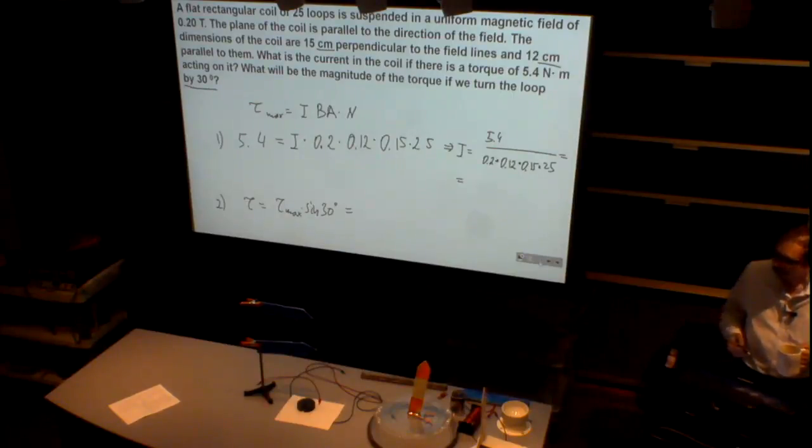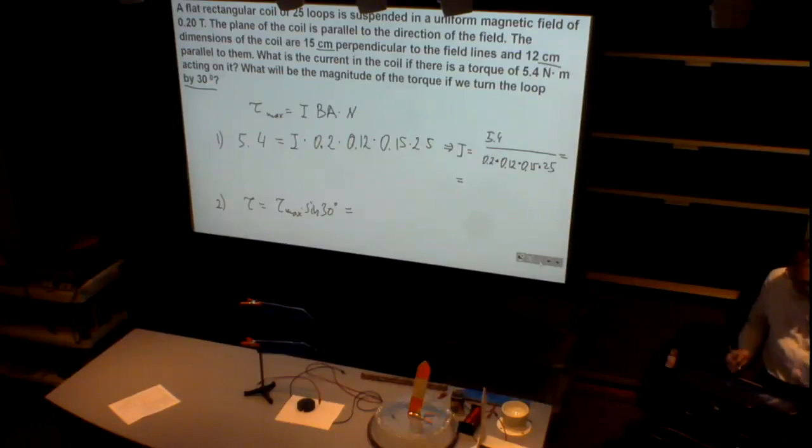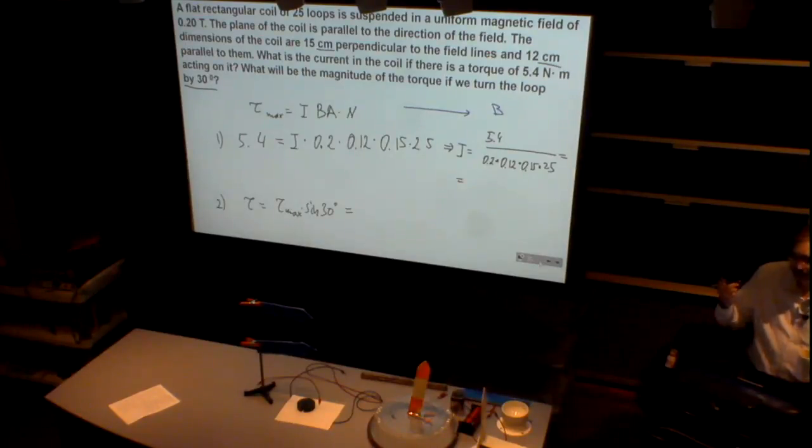The question is the mutual orientation between the loop and the magnetic field. So you can pick the direction naturally. Natural to me means to the right. Now you need to draw only one loop. We don't have to draw the whole 25 loops, just one.